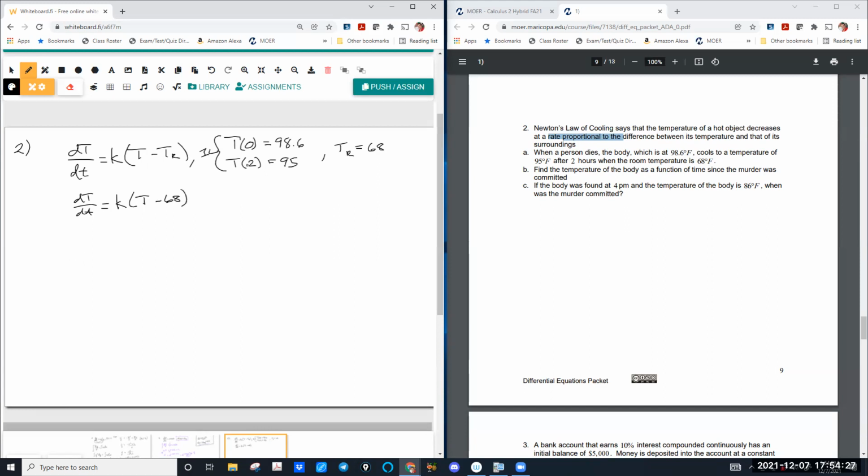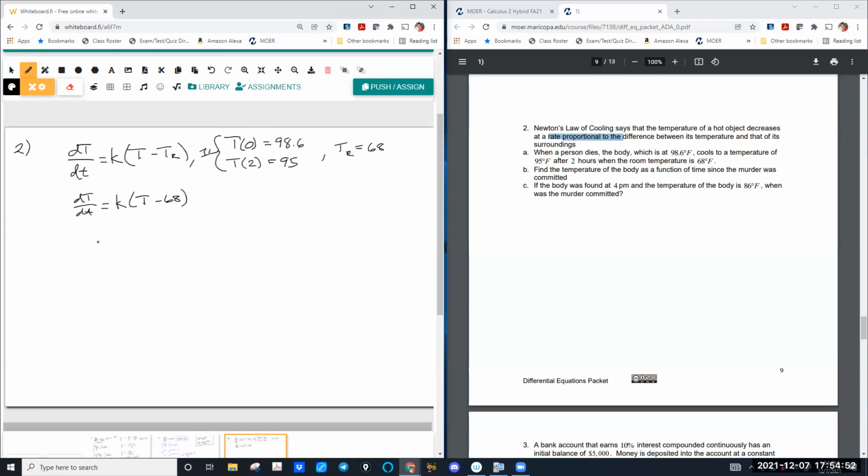We're just going to take them one at a time. And we're going to use this one first because that 0 is going to be really powerful. So we use this one first, and then we're going to use this one. This one here is going to get that multiplicative constant that we were talking about. This one here, once we have that, is going to help us find K.